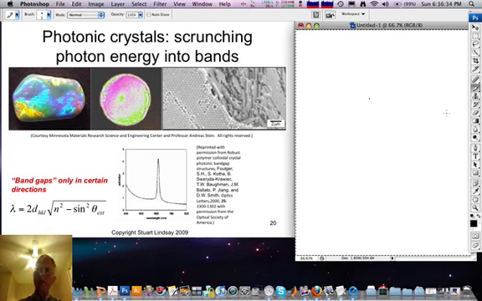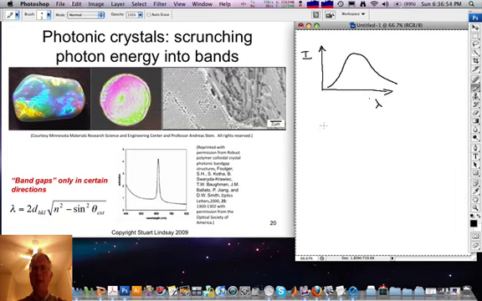Why might one want an optical band gap? Well, if one has a source of energy, thermal energy for example, and plots the emission intensity versus wavelength, one gets this classic in equilibrium black body spectrum that comes around from Planck's law.